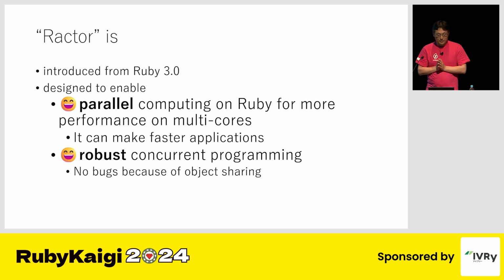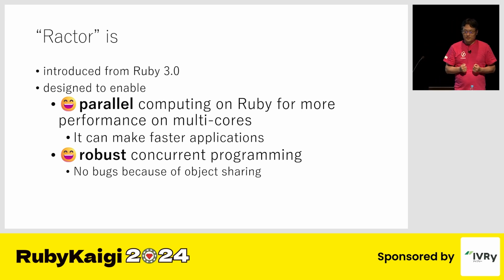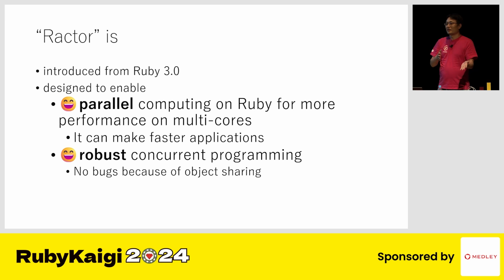Ractor was introduced in Ruby 3.0, and it's designed to enable parallel computing in Ruby. Ruby has threads, but threads don't run in parallel on CRuby, because parallel computing with threads will introduce critical bugs.